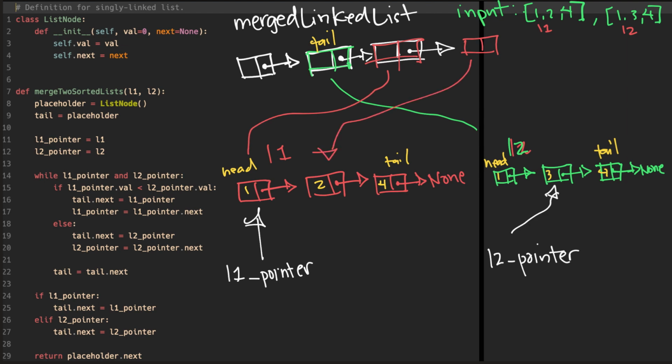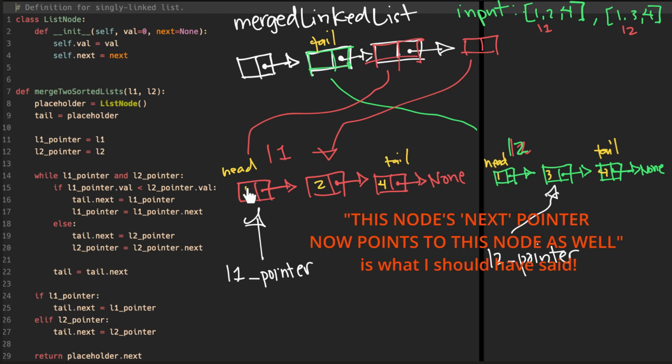And just a quick note, as you can see here, we changed this node's next pointer from this one to this one, because remember this one references this same object. So that means the next for this node is the same as the next for this node. And we just set the next for this node to this node here. So actually this node now points to this node as well.